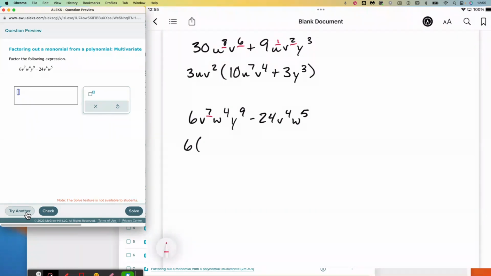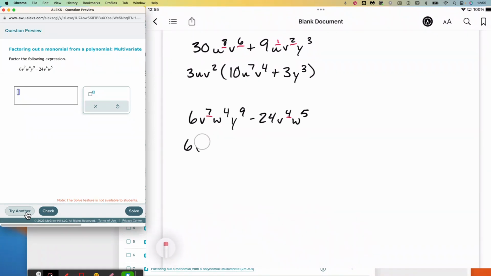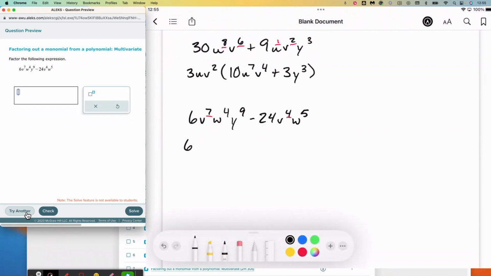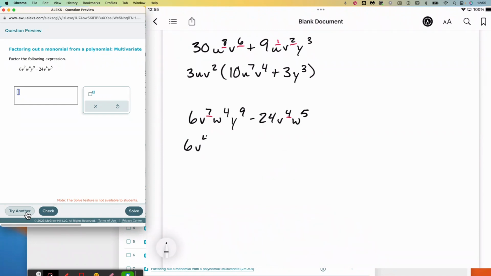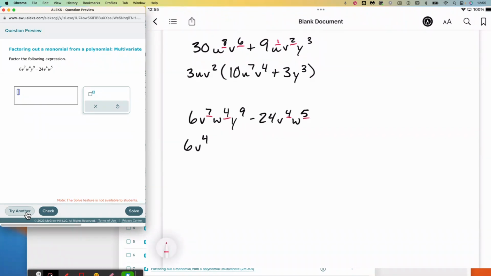And so v to the 7th and v to the 4th, we can take out a v to the 4th. And then w to the 4th and w to the 5th, they both have at least a w to the 4th. And then that y to the 9th, the other one doesn't have any y's, and so we can't touch that.